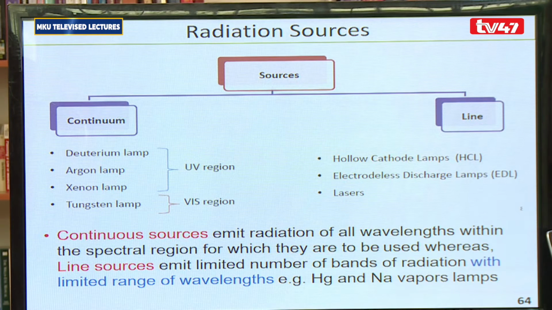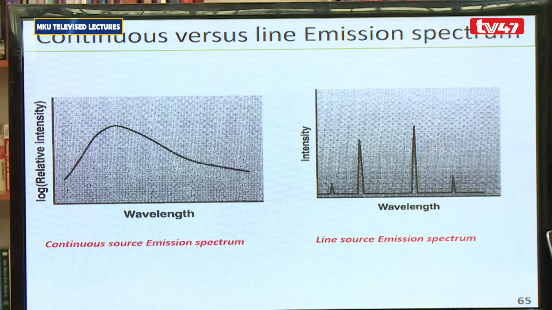We have lasers. Lasers are quite energetic, so we use them for fluorescence spectroscopy. In the UV region, you can use a deuterium lamp, you can also use an argon lamp, and you can also use a xenon lamp. If you want a radiation source in the visible region, we have the tungsten lamp.